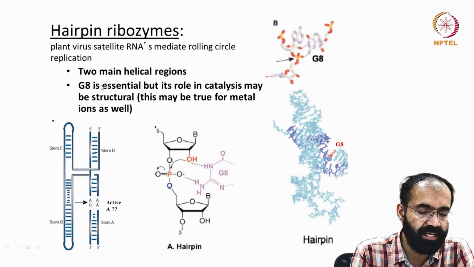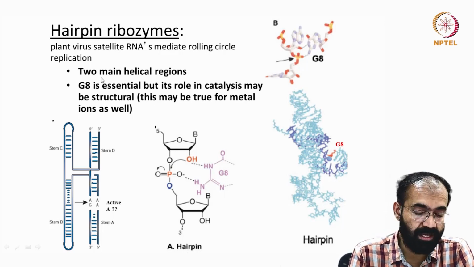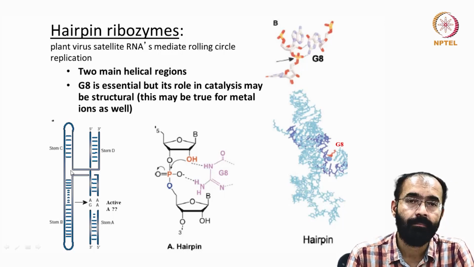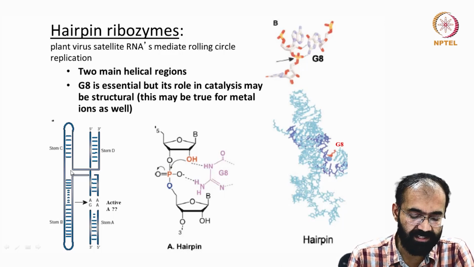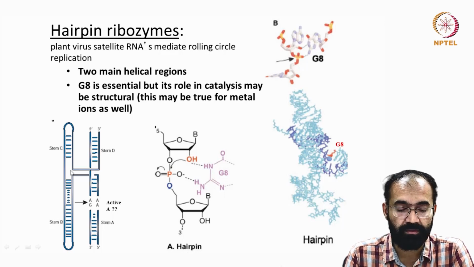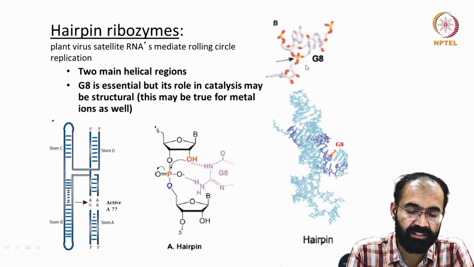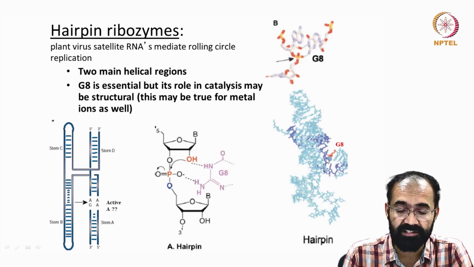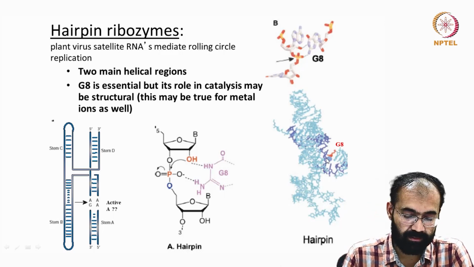In the same way, G8 in the hairpin ribozyme stabilizes the various stems, like stem A, stem B, stem C and stem D. Specific bases give structural stability to the ribozyme, like the region G8, which allows the hairpin to be stabilized in such a way that the ribozyme is able to perform its task.